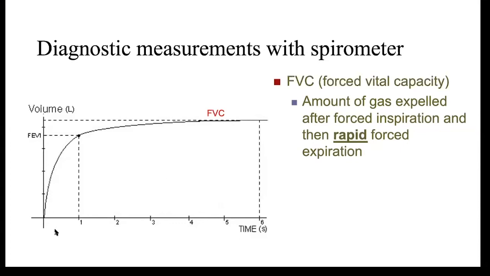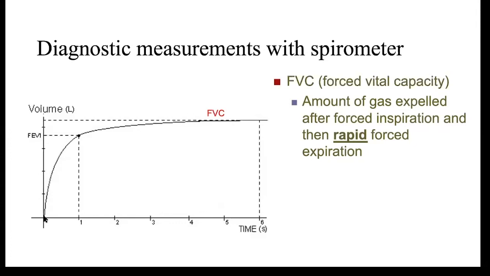Let's look at this graph. On the x-axis is time in seconds. On the y-axis is volume in liters. This would be 1 liter, 2, 3, and 4. At this point, the patient begins to blow into the spirometer after taking a forced inspiration.